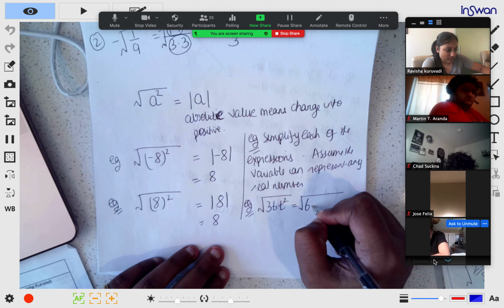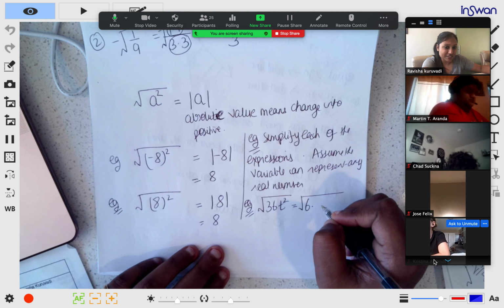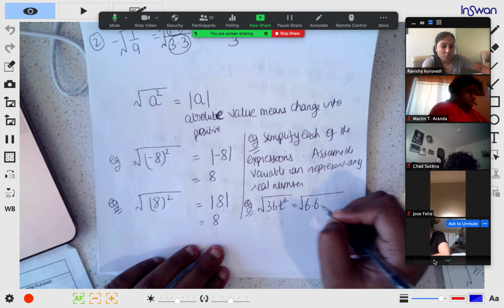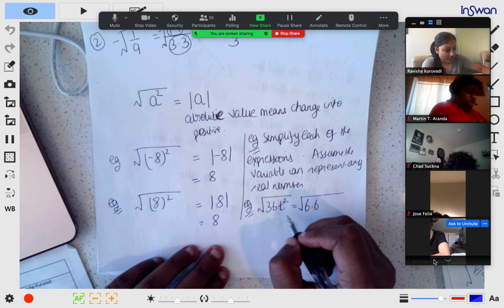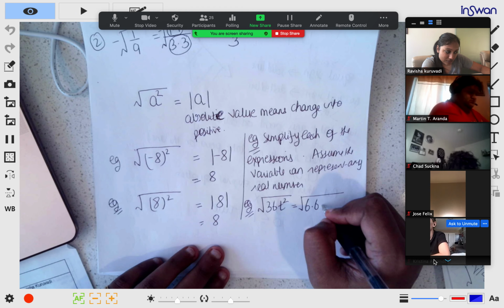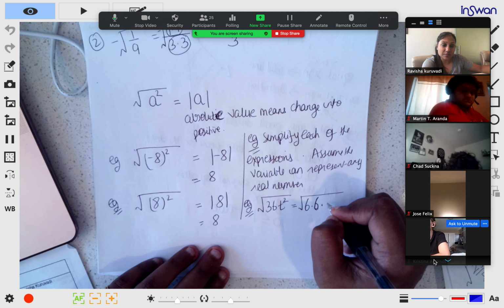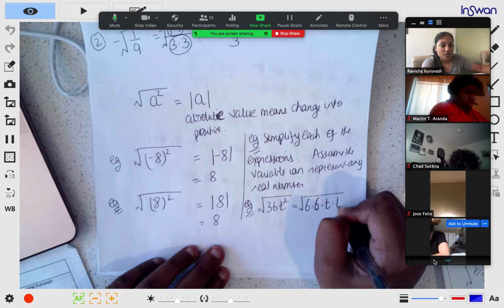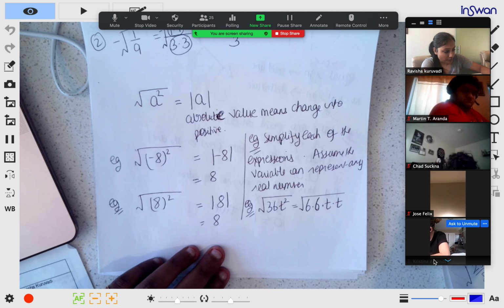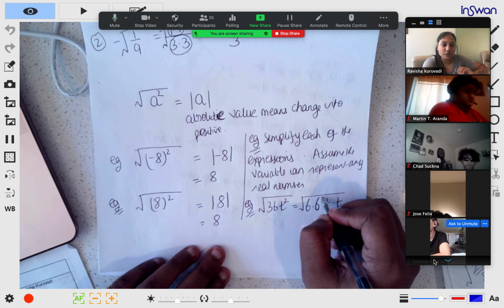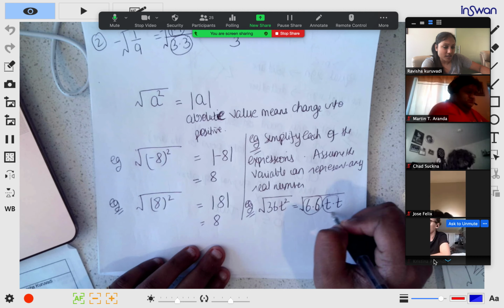Oh, no. I'm tripping. Yeah, 6 times 6. Perfect. And t square, how can I write t square? T times t. T times t is t square. Now I'm going to make pairs of 2. What's my final answer, Gerardo?